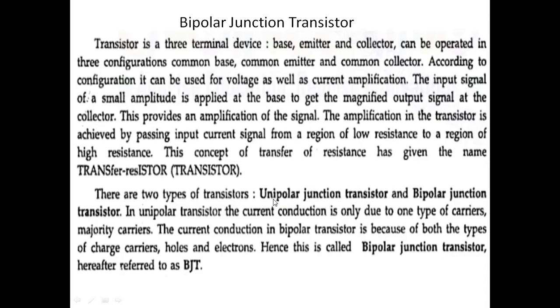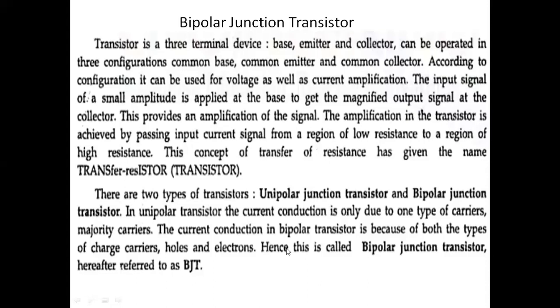In a unipolar junction transistor, the conduction is based on only one type of charge carrier, either holes or electrons. If you consider the bipolar junction transistor, that is BJT, the current conduction is because of two types of charge carriers, holes and electrons.